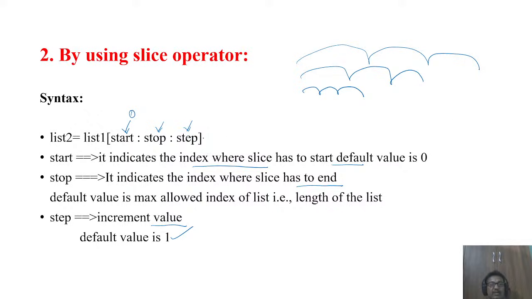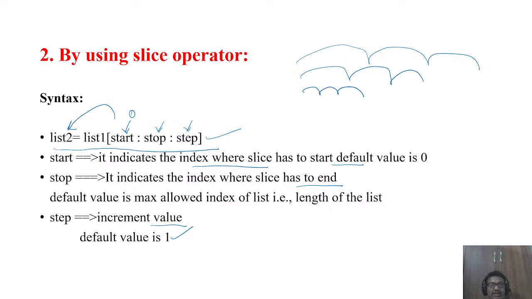This is how we write the syntax. What does this statement indicate? The list1 elements starting at this position and ending at this position, a slice will be taken, and that will be assigned to a variable called list2.